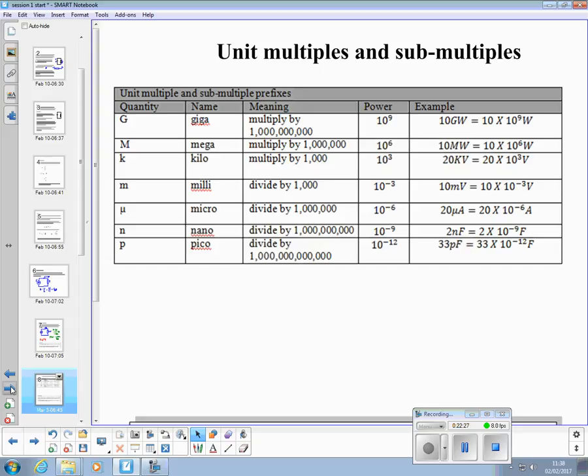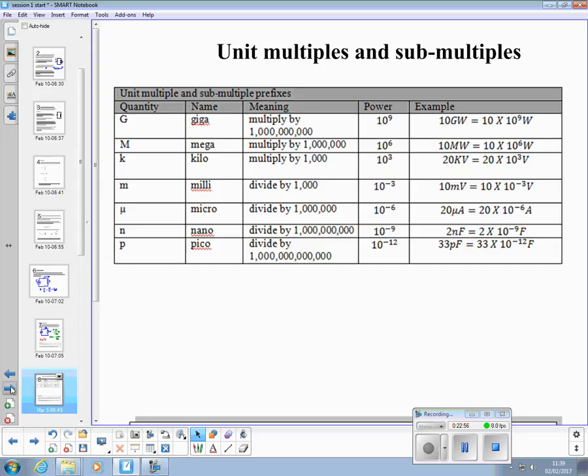We've got lower values. Milli, current, often talk about milliamps, a thousandth of an amp. Micro, a millionth. Farads, capacitance, microfarads, probably the biggest capacitors are measured in microfarads, because 1 farad is a really big unit. Nano, dividing by 1,000 million, and pico, 10 to the minus 12.